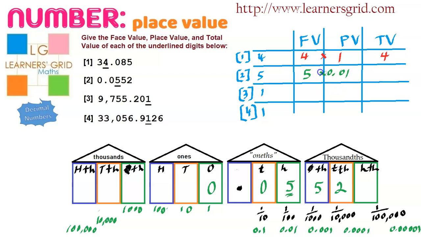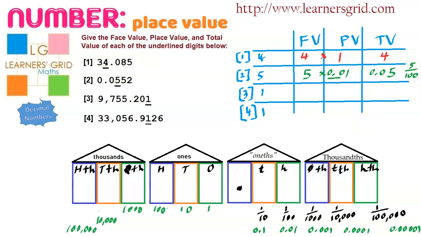And we multiply those two. So the answer is going to be 0.0 and then 5 times 1, and that's the total value. You can put it as a fraction, and that can look like 5 over 100, because it's in the hundredths. Either or, they're both as good as each other.